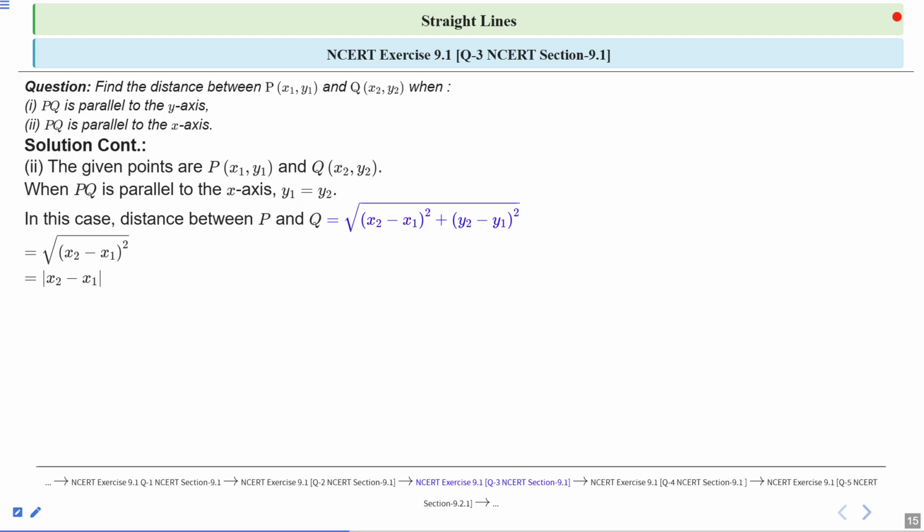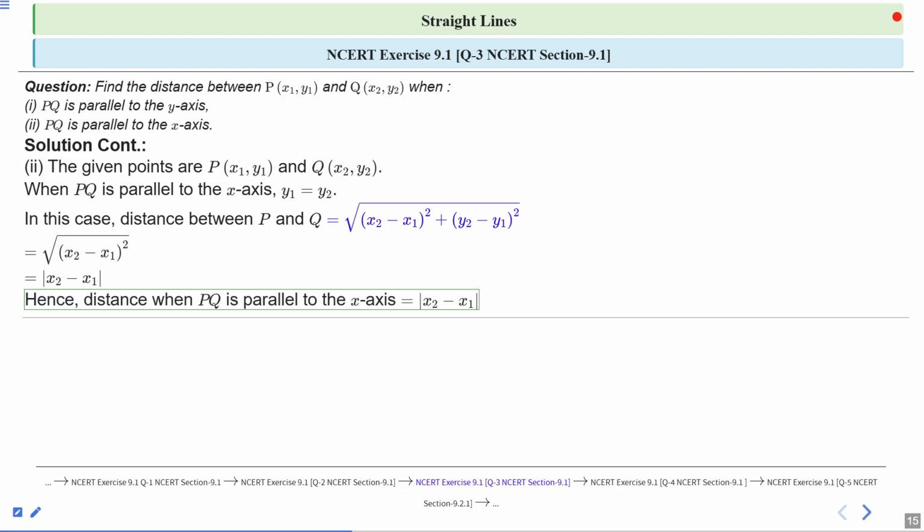So if PQ is parallel to the x-axis, then in this case the distance between P and Q is equal to the modulus of x2 minus x1. Hence, the distance when PQ is parallel to the x-axis is equal to the modulus of x2 minus x1.